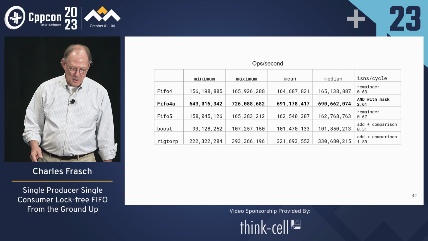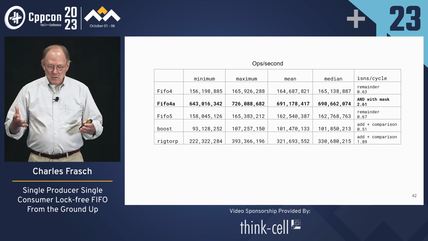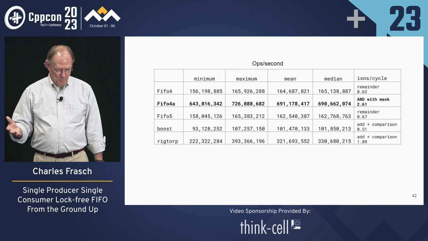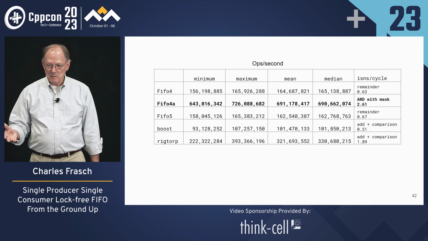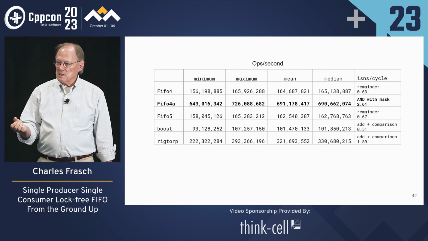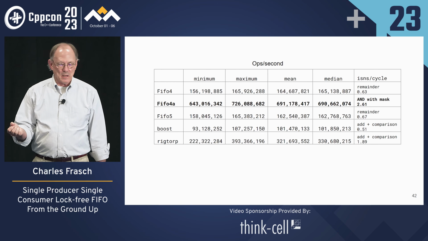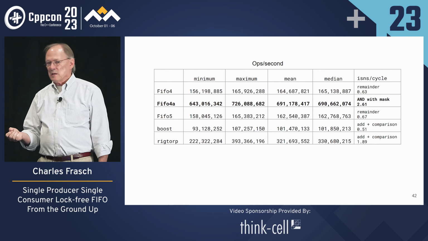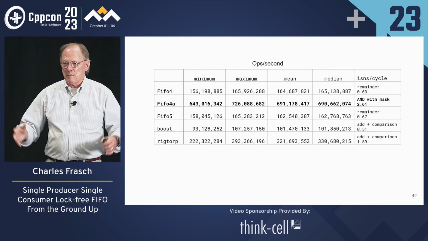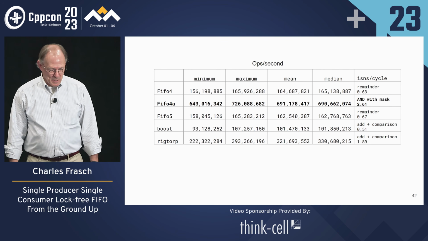Well, RigTorp does, but that goes a long way to explain why the FIFO 4A has such improved performance over 4, because, as I mentioned before, the AND operation is a single cycle. The remainder operation is 10, 20, 30 cycles or something. It kind of depends on the division being done.